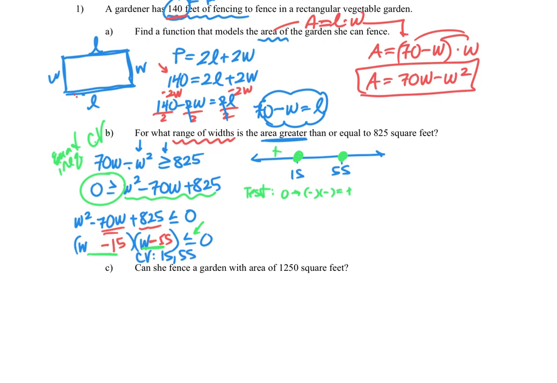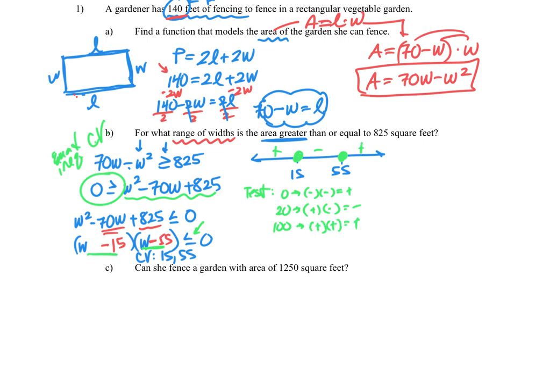If I put in something like 20, which is between 15 and 55, 20 minus 15 is a positive, 20 minus 55 is a negative, so that's going to give me a negative in here. And if I choose something like 100, that's in the last section, that's going to give me a positive times a positive, which is positive.